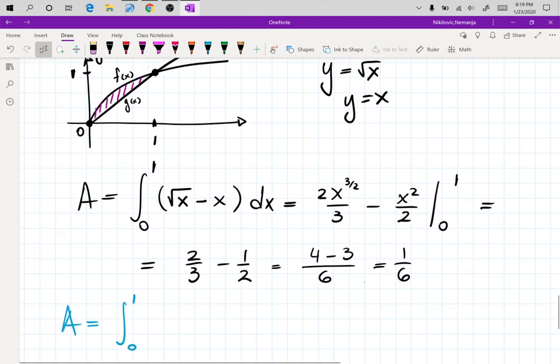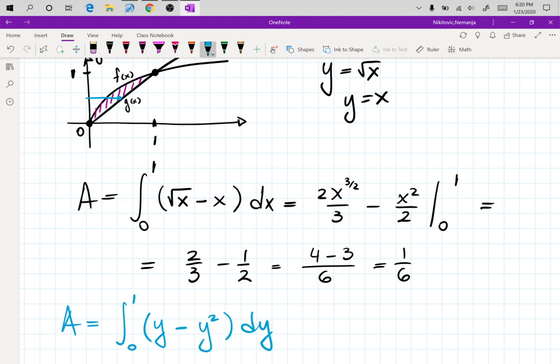So what's my function that is the one that is far, the one that goes there? It's just y, because y equals x, x equals y. Minus, and what's the other one? Y squared.